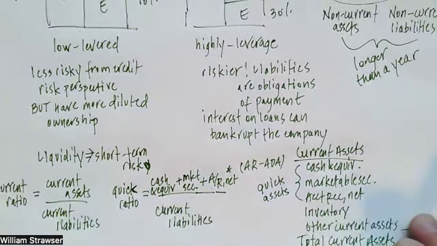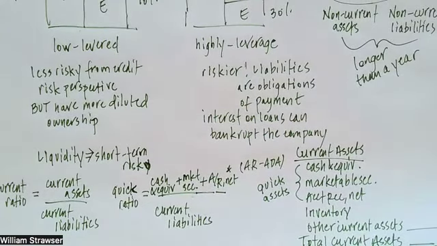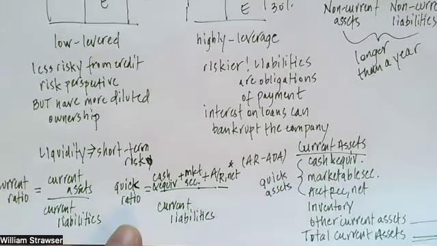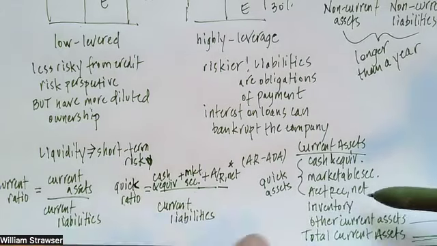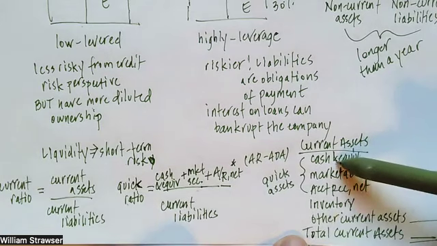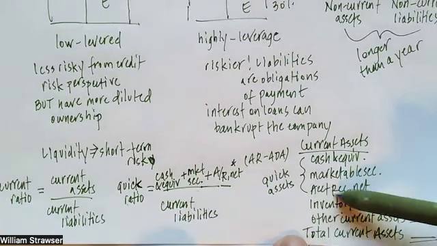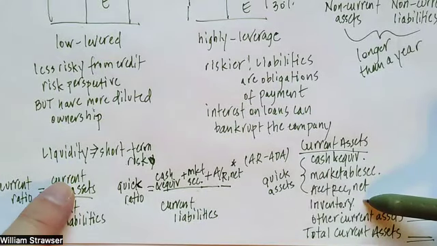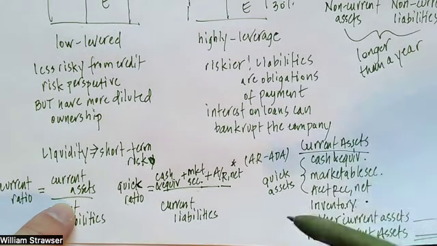So if you're analyzing a company, it might have a great current ratio, but if its quick ratio isn't quite as good, then what that indicates is the company must have a lot of assets in inventory. If its current ratio is fine, when we include all the current assets, they're doing well.